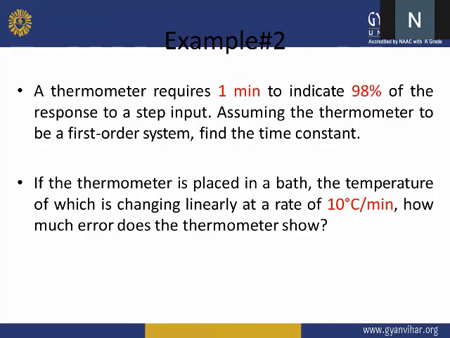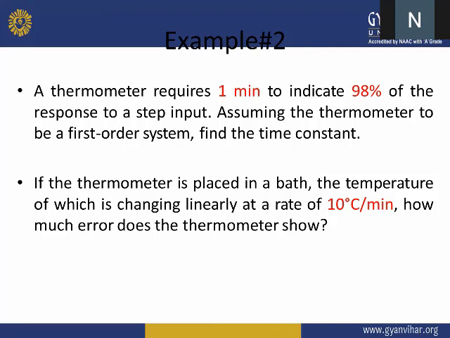Now let's take another, very practical example. We have one thermometer which requires 1 minute to indicate 98% of the response to a step input. Assuming the thermometer to be a first order system, find the time constant. The first problem states that to indicate 98% of the response to the step input, it took around 1 minute, and the thermometer is a first order system.